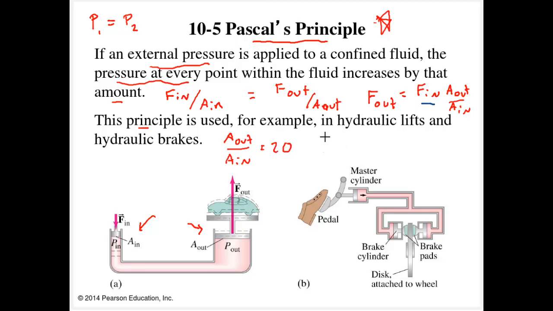That could be an input force. Then our output force would be 200 pounds multiplied by the ratio of the areas, 20. We can get 4,000 pounds of lifting force simply by applying a 200 pound input force. So we can lift very heavy objects with not a whole lot of effort on our part.